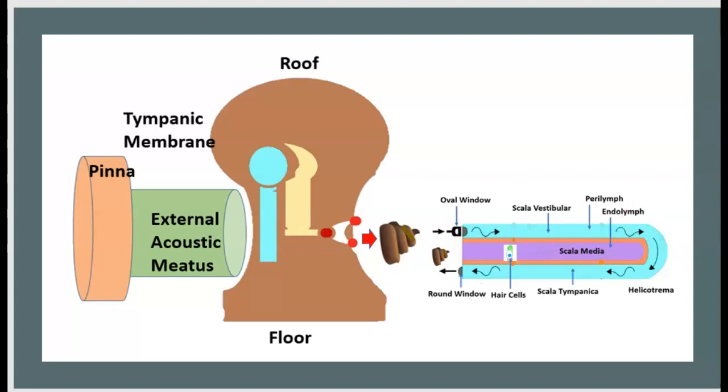Vibration of the stapes is transmitted to the perilymph of the scala vestibuli to reach the scala tympani. Pressure is moving outward to the round window elastic membrane.